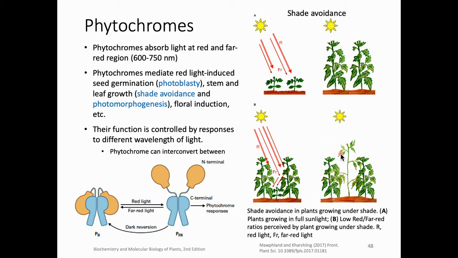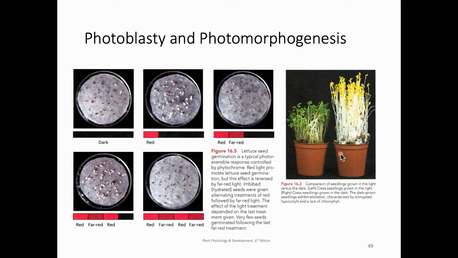All right. So photoblasty is just the process in which the seed can germinate only when the last light that they receive is red light. Right here you can notice that if the seed receives red light as the final signal, they will germinate.